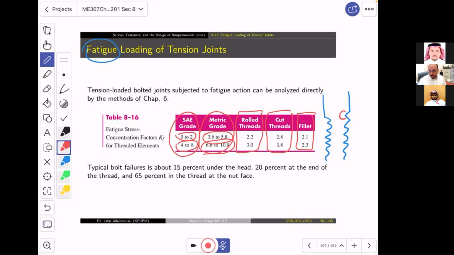There is also cut threading. In cut threading, you take the shaft, and then there is a hollow cutter which has a thread inside it that cuts the part, and then you rotate the shaft inside this cutter, and then it creates the thread for you. This is called cut threading.